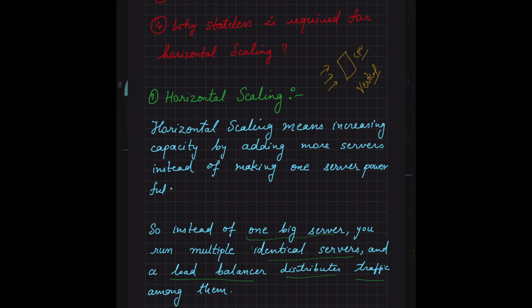In horizontal scaling, we don't have only a single server, we have multiple servers, and these servers are responsible for handling users' requests. So how do you distribute the requests among these servers? For that we have a load balancer. The user will make a request, but not directly to the server; it will go through the load balancer.